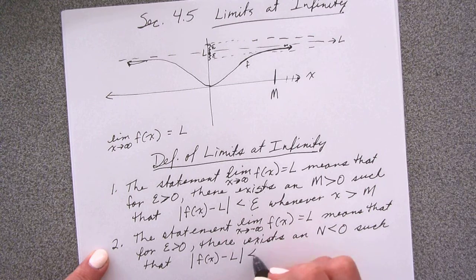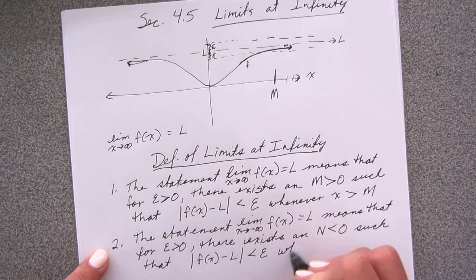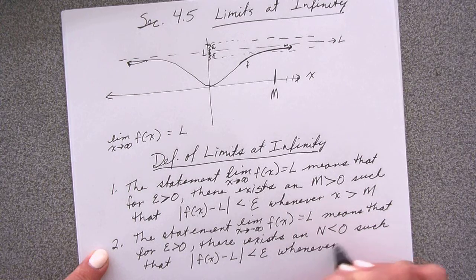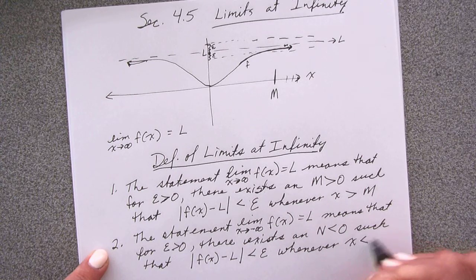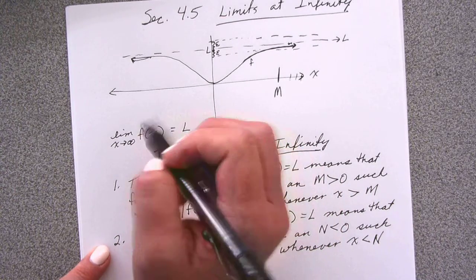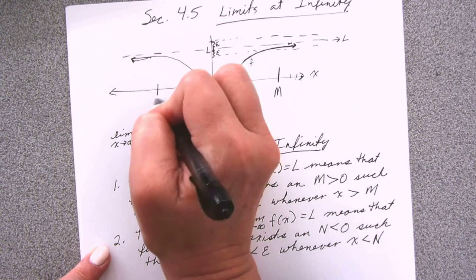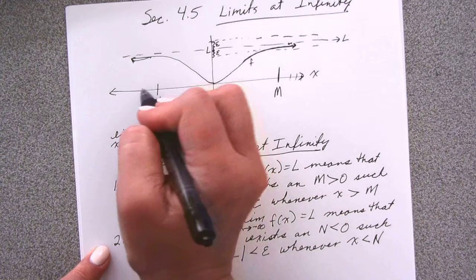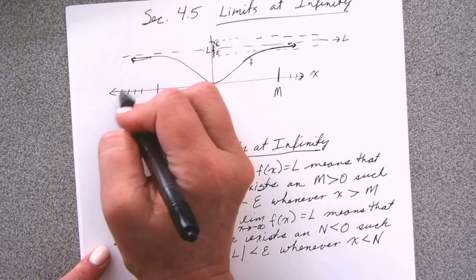So on the left side of the graph, you're choosing some n value here, and it's saying as long as I choose x smaller than that, the distance between the function and the limit is going to be less than this epsilon amount.